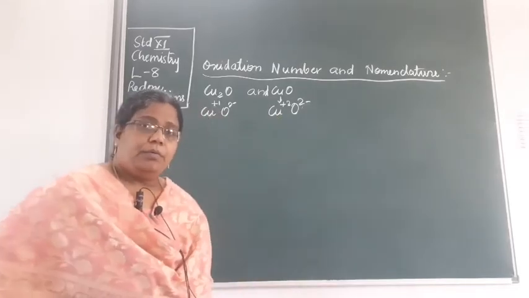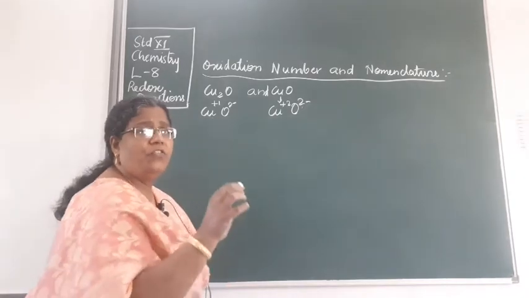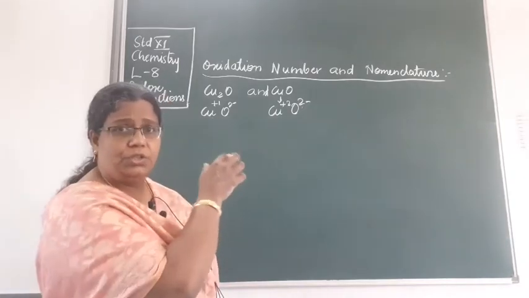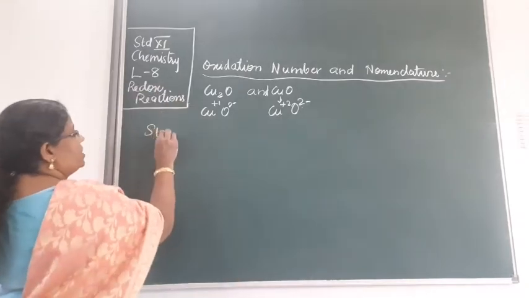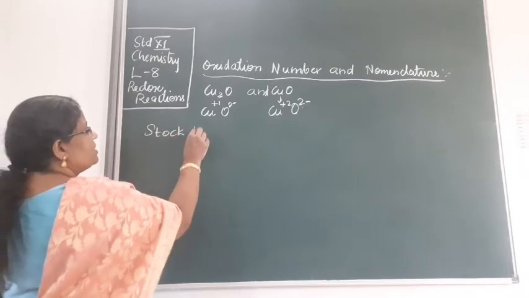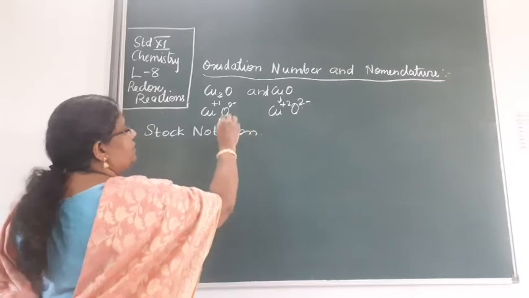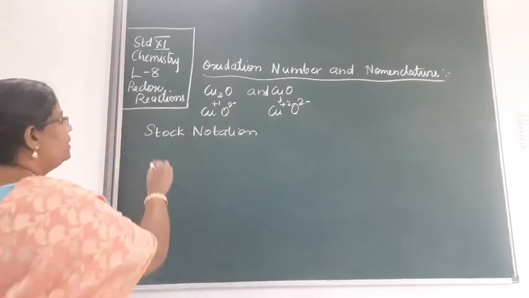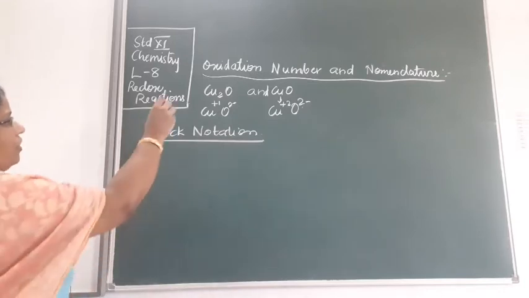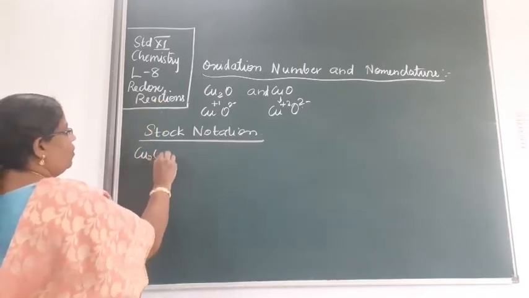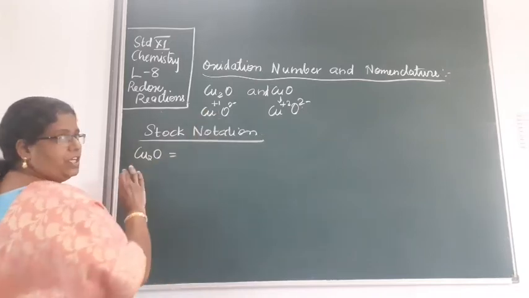So here you will find that the copper is in the +1 charge, here the copper is in the +2 charge, +2 oxidation state. So there is a specific way of giving a notation to these kind of oxides, and that is called stock notation. What is it called? Stock notation, to indicate the oxidation number of the elements with varying oxidation state. For example, Cu2O, it is written as, here what is the oxidation state of copper?